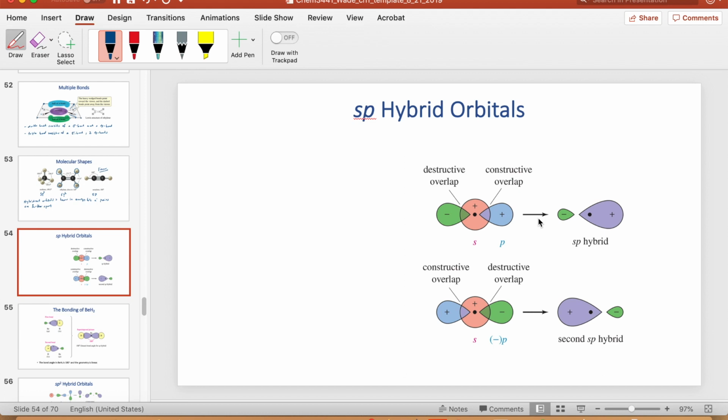In particular, hybrid orbitals, what really are they? These result when orbitals in the same atom combine.